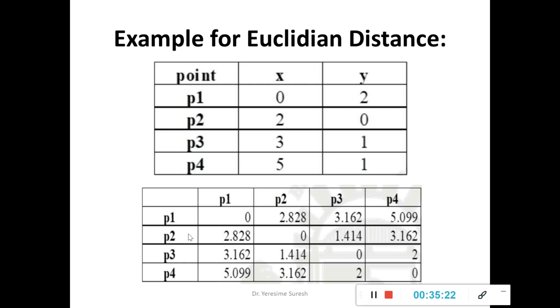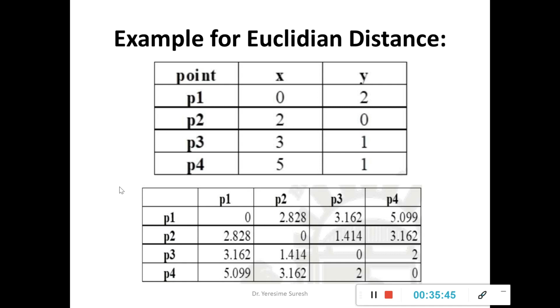Now what is Euclidean distance? It is the square root of the sum of squared differences: x1 minus x2 whole square plus y1 minus y2 whole square. I repeat, the formula is to take the square root of x1 minus x2 whole square plus y1 minus y2 whole square. So what is x1 here? 0. What is x2? 2.